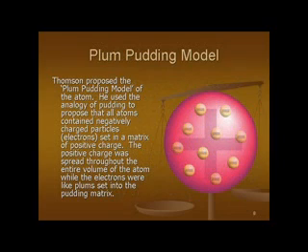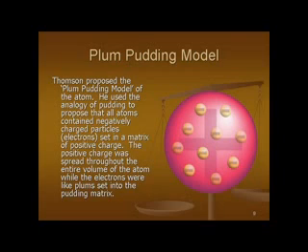As a result of his experimentation with cathode ray tubes, Thomson proposed a model of the atom, which he called the plum pudding model. And in it, he used the analogy of a pudding to propose that all atoms contained negatively charged particles, or electrons, set into a matrix of positive charge.